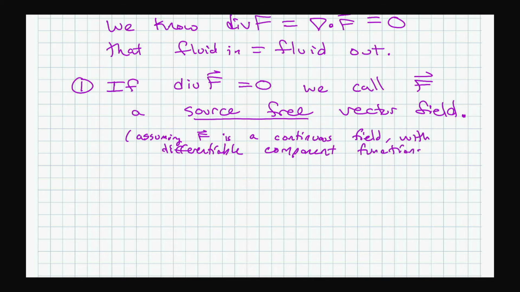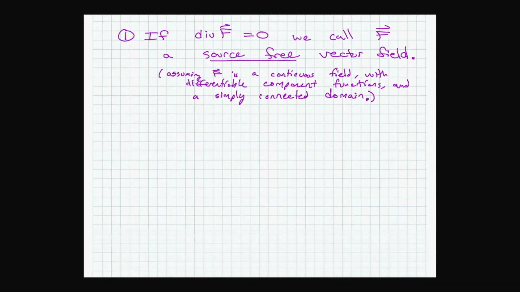And also they want the domain to be simply connected. I don't know why they want the domain to be simply connected, but presumably if you've got some really weird domain for the function, maybe it screws up what they want to happen here. So source free, the divergence is zero.